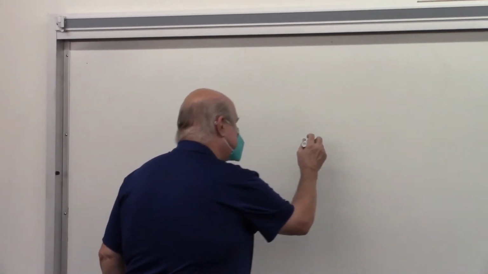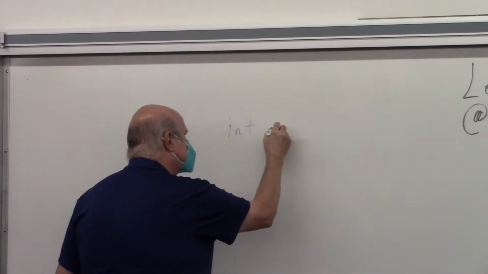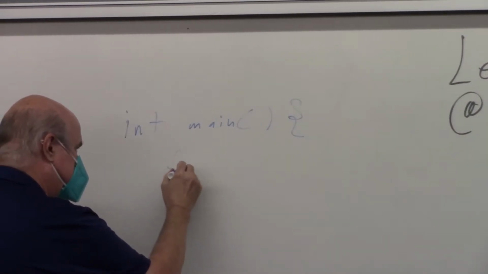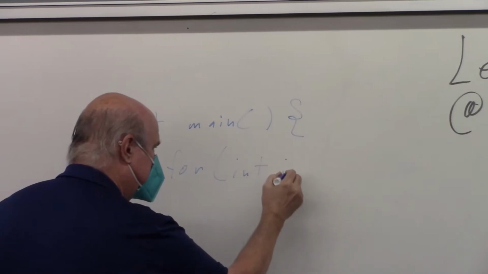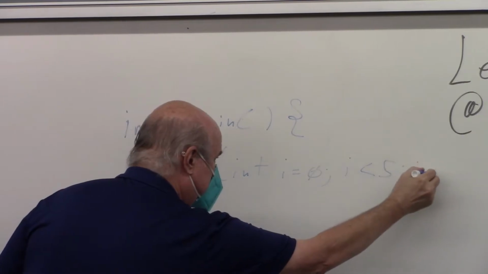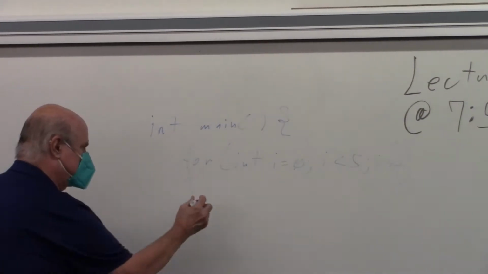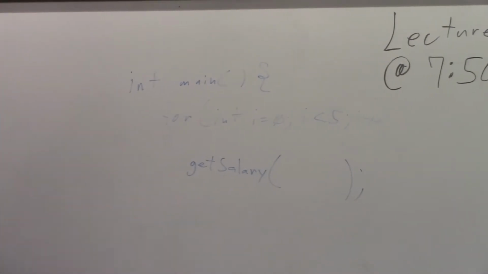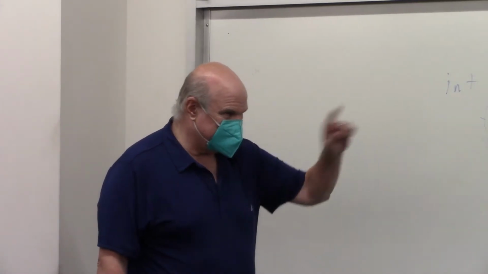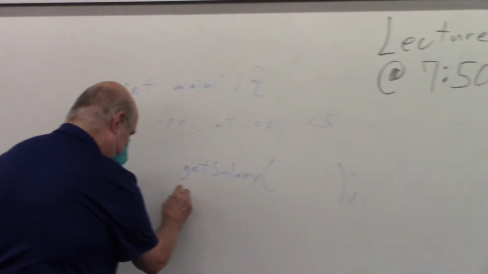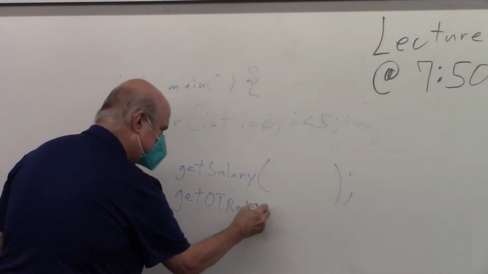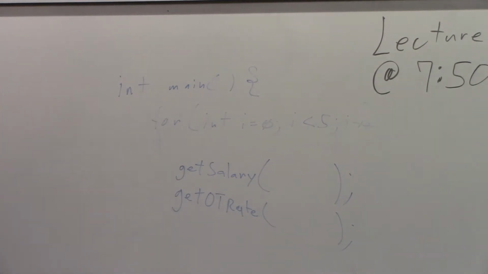So in other words, let's suppose you have int main here, and you say for int i is equal to 0, i less than 5, i plus plus. And you call get salary with whatever parameters you're going to pass. We'll worry about the parameters in a minute. You call get overtime rate with whatever parameters you're going to pass.